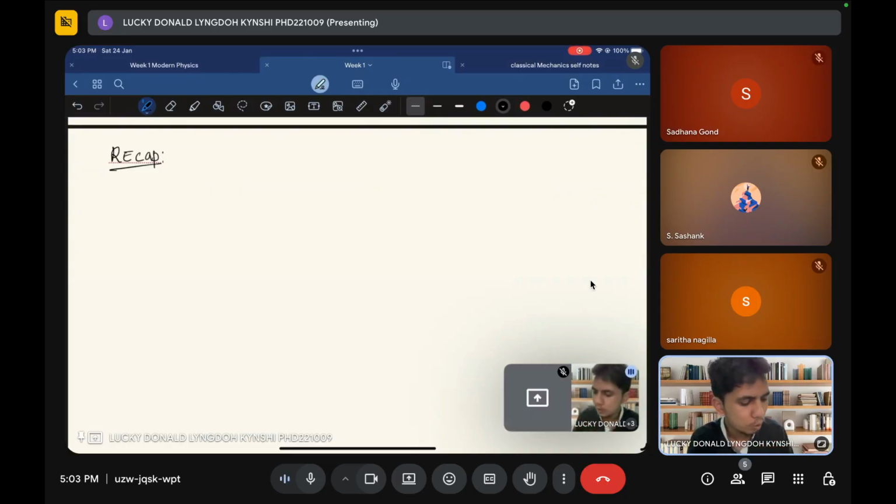The first one is degrees of freedom. So what is degrees of freedom actually? Degrees of freedom is in fact the minimum number of independent motions.